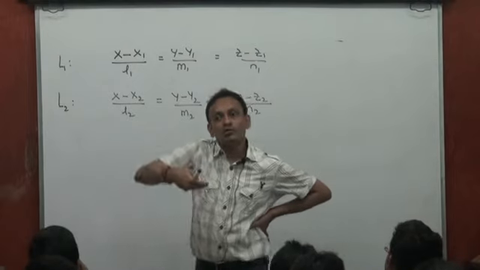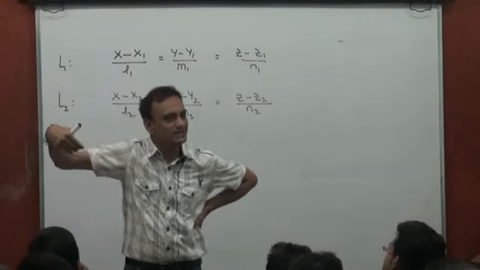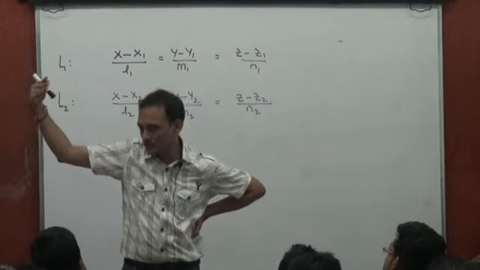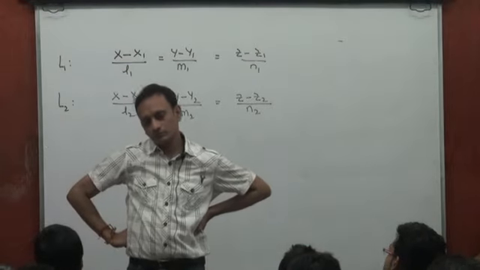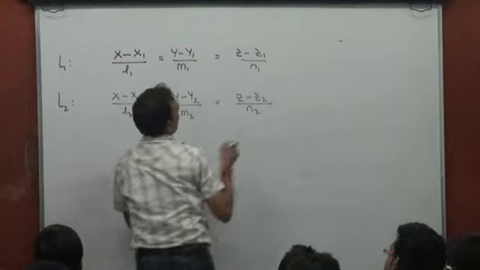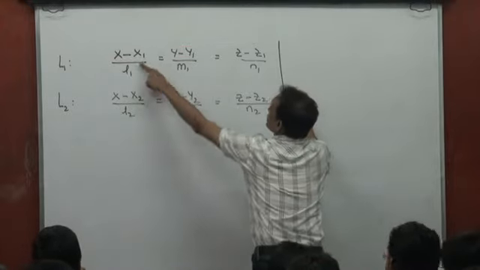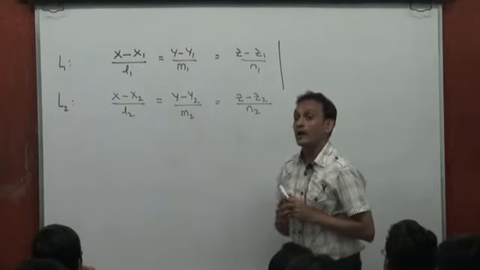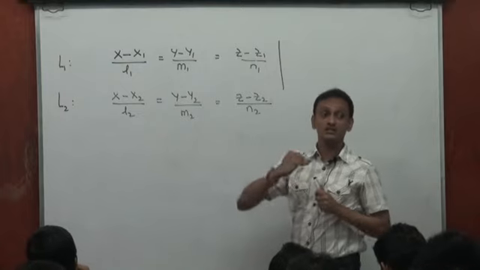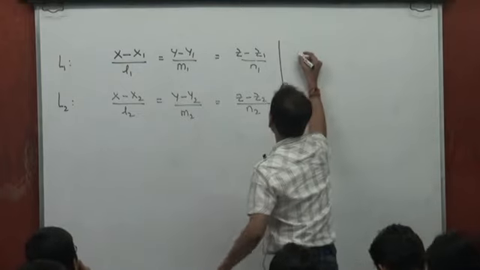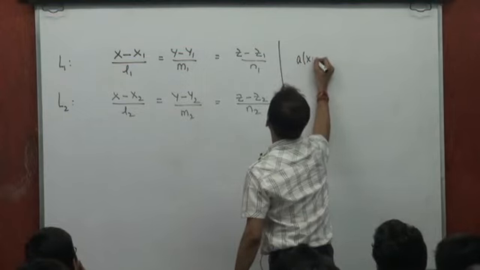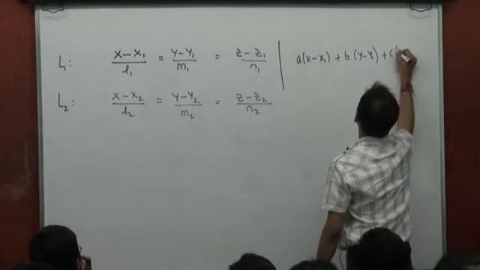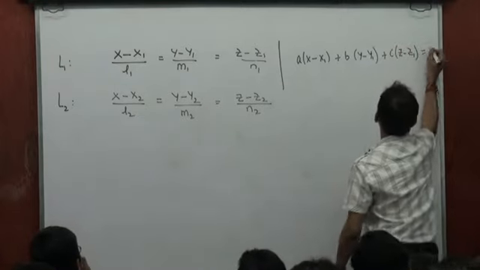And let's say a normal to the plane is ai plus bj plus ck, as was the convention, right? Then the equation of a plane passing through x1, y1, z1 and having ai plus bj plus ck as its normal is a into x minus x1 plus b into y minus y1 plus c into z minus z1 equal to 0, isn't it?